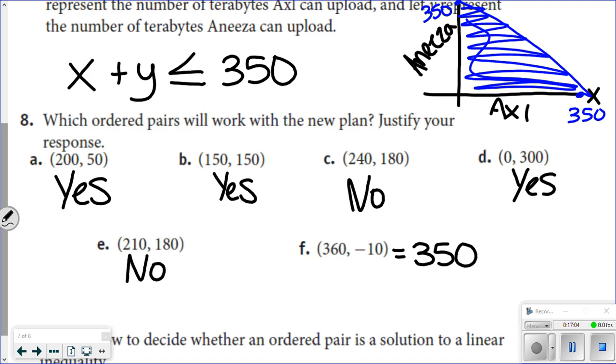It doesn't work that way, right? Because this is a real life story problem, we can't use negative data. So this is no, doesn't work. It's not on our graph. Notice how when I was shading, I stopped at my x and y axes. I didn't keep going down into the negatives or over left into the negatives. Okay?